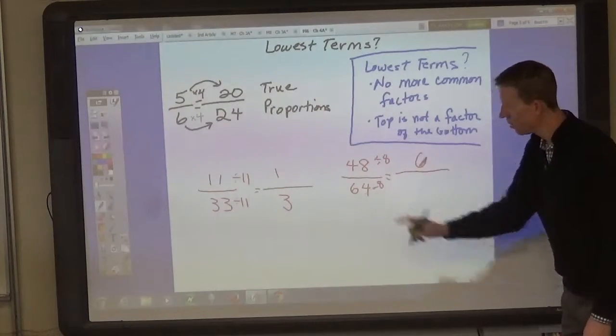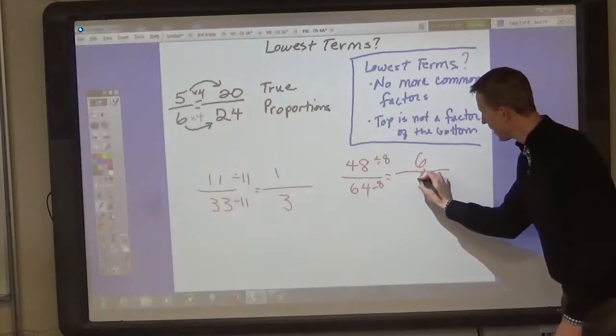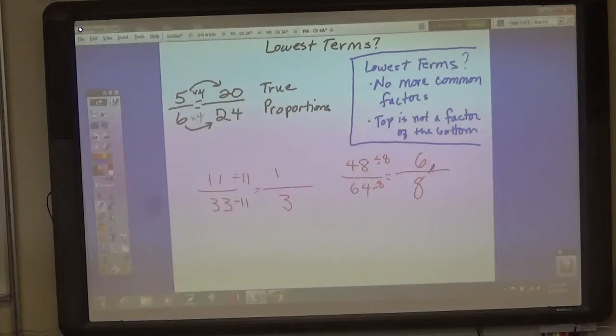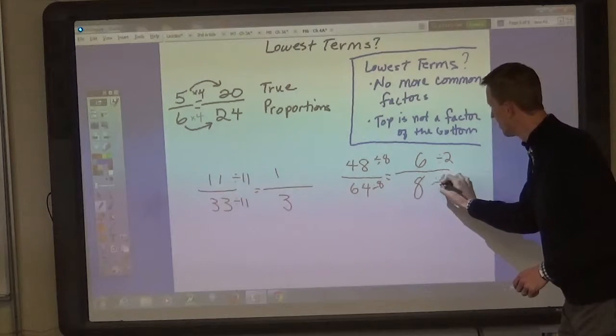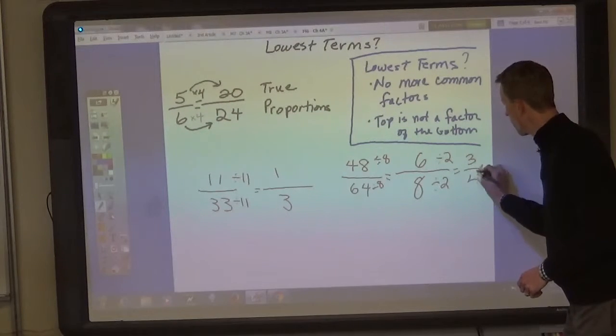How many times does 8 go into 64? 8 times. Good. Are we in the simplest form then? No. Why not? Because they're both even. And if they're both even, then we have to keep going and divide by 2. 3/4, right?